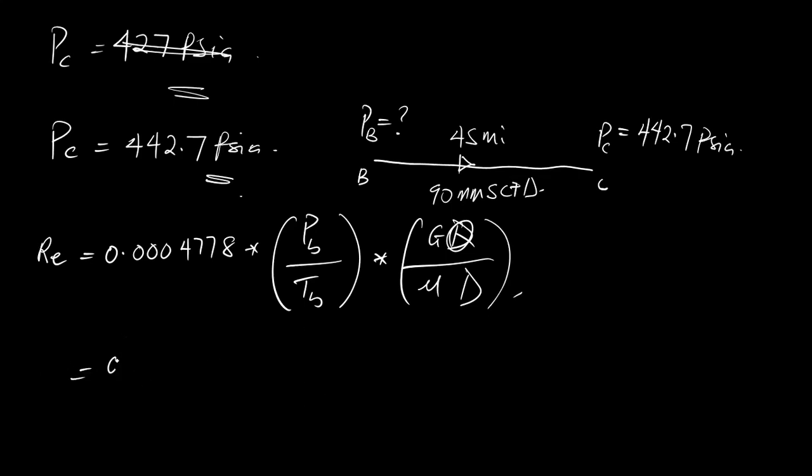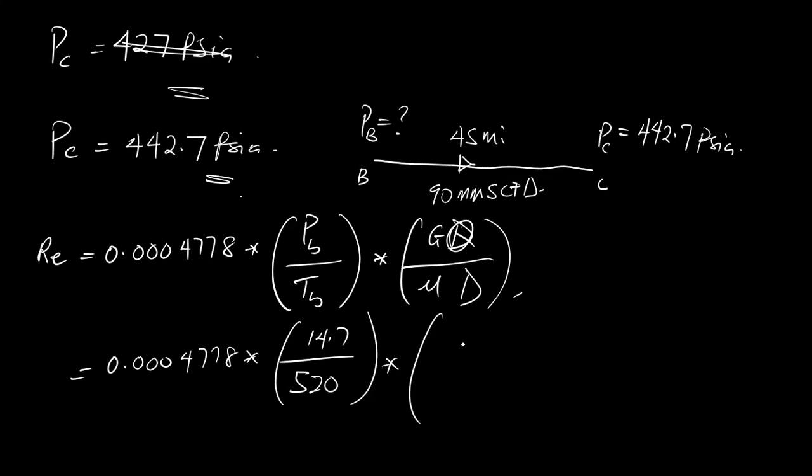Now we have 0.0004778 times the base pressure is 14.7 divided by the base temperature is 520 times gas gravity 0.6. The flow rate here now is 90 times 10 raised to the power 6 divided by the internal diameter of the pipe, 17.25.